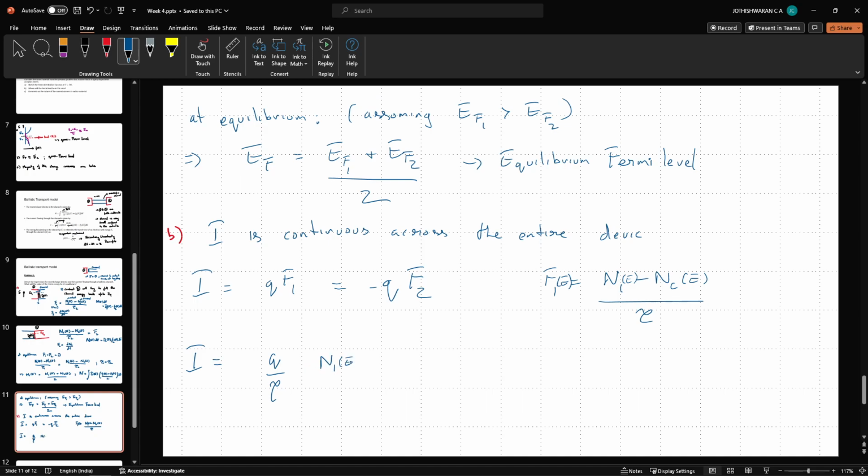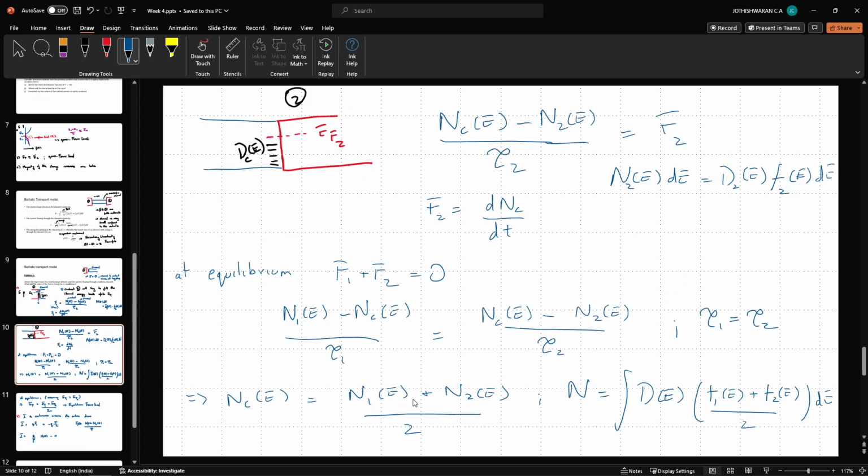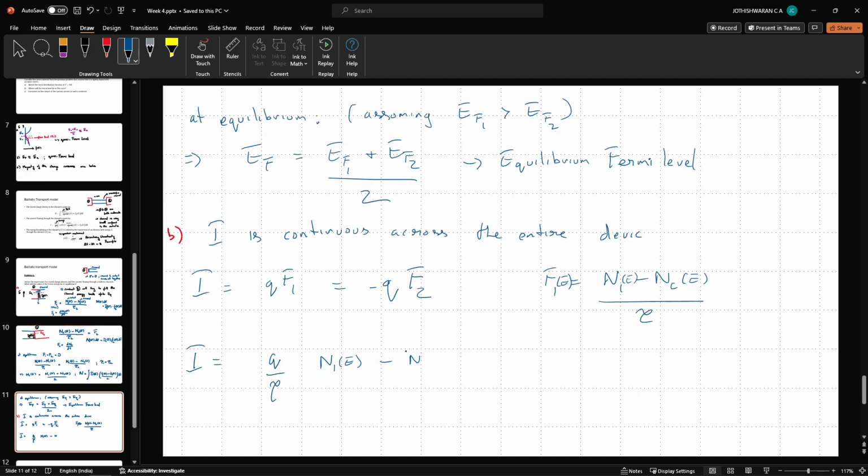This is going to be N1 of E minus, now NC of E was written as this quantity, (N1 of E plus N2 of E) by 2. So this is the current.